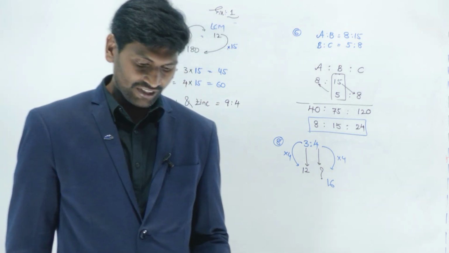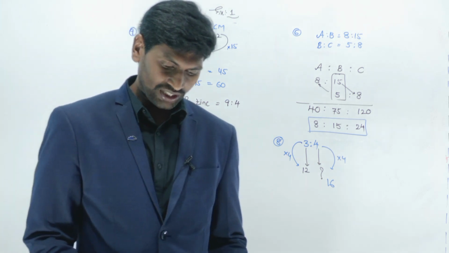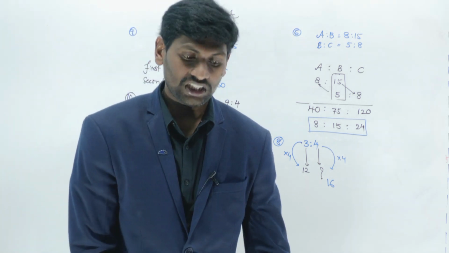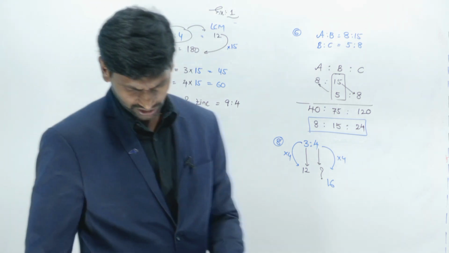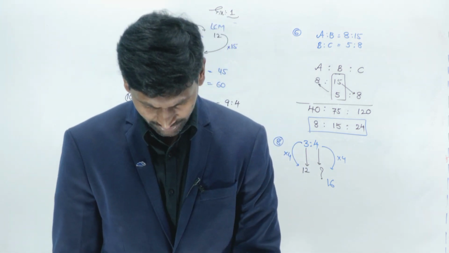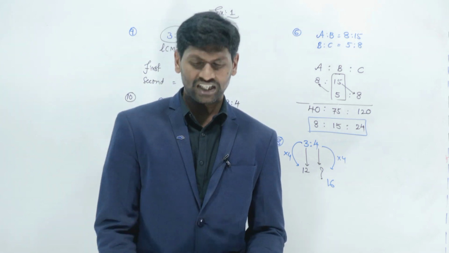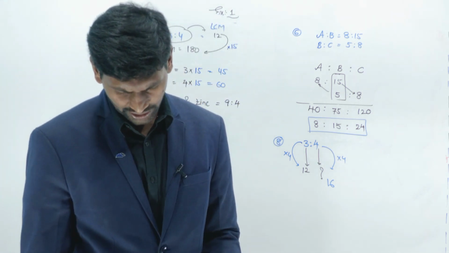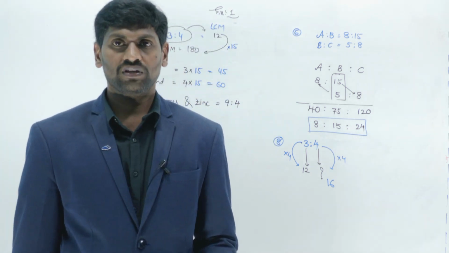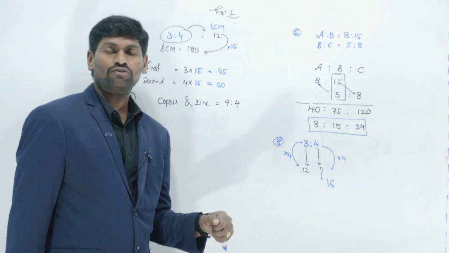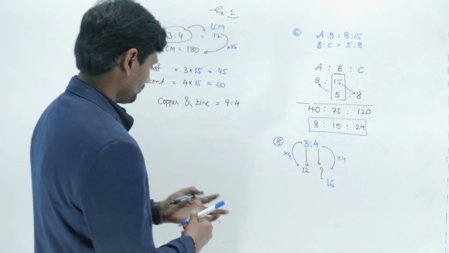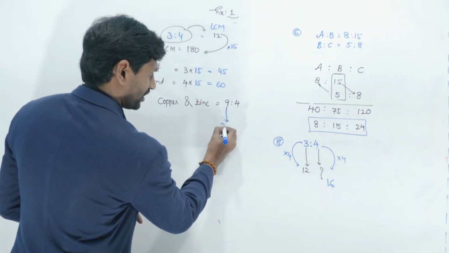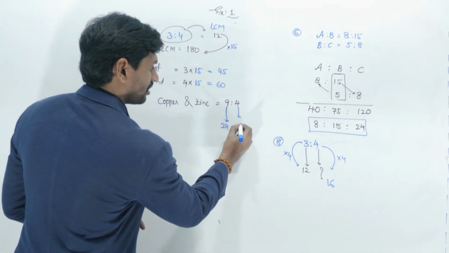The zinc required to be melted with 24 kgs of copper is? That means if copper is 24 kgs, how many kgs of zinc has to be melted with it?